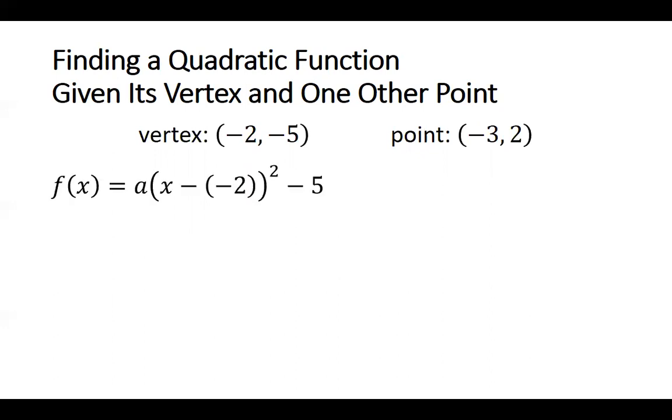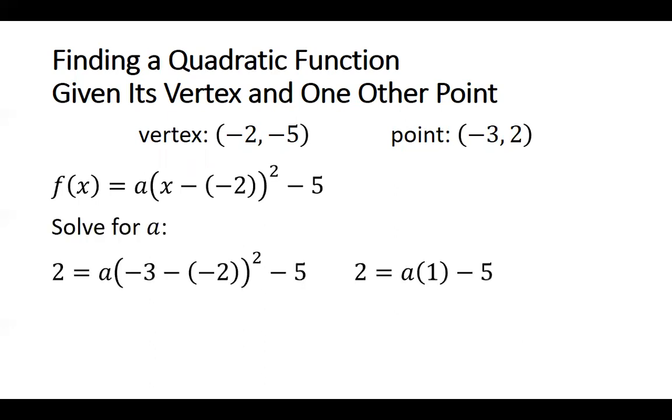So plugging in our -2 for h and our -5 for k, we get f of x is equal to a times (x minus -2) quantity squared, minus 5. So we're going to want to solve this for a, so we need to plug in the point (-3, 2) also. So we plug in 2 for f of x, -3 for x.